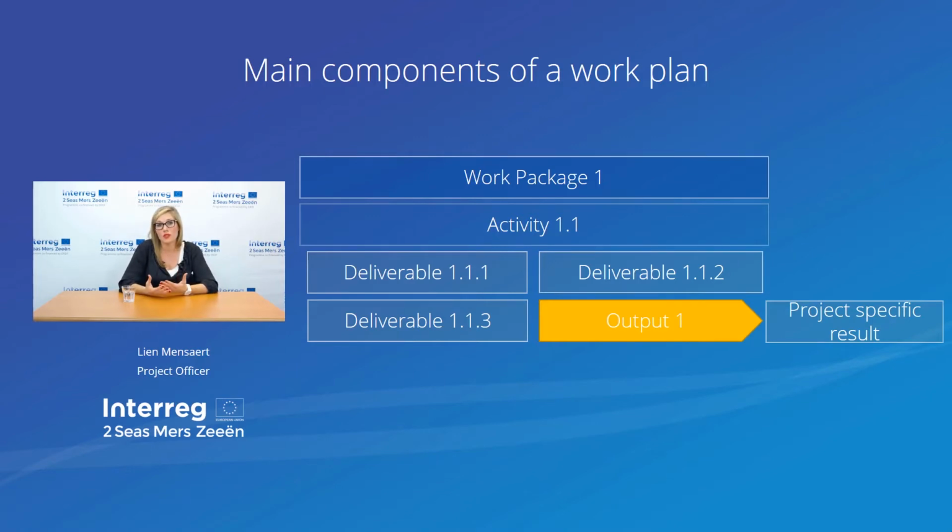You might need to deliver specific seminars, specific studies, an evaluation report in order to come up with a good quality output, as there is your policy document. These different steps are then called the different deliverables. Altogether, they will make up an activity, and a work package can then consist of one or multiple activities.